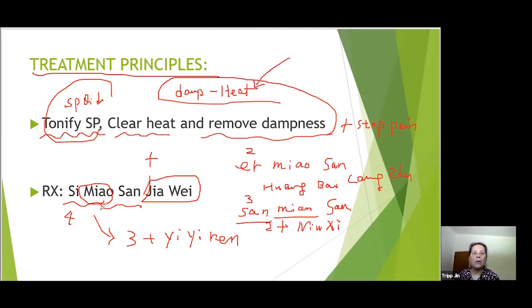They don't have herbs that tonify the spleen, so we need to add some spleen-tonifying herbs inside. Or maybe we can add something like 四物汤 blood tonifying herbs, or some other herbs, especially for spleen qi tonification.